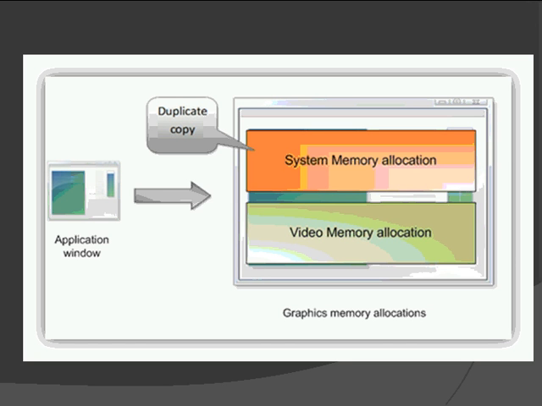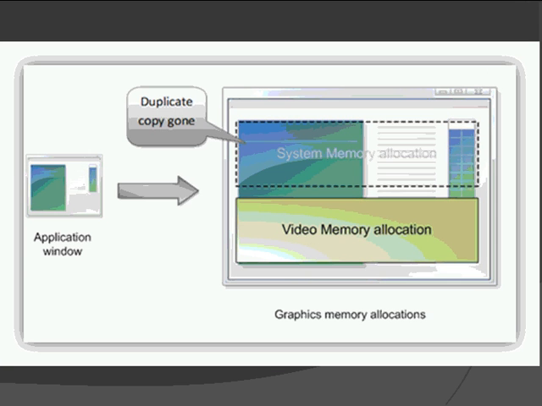But what changes in Windows 7 you'll see in the next slide. So now the duplicate copy is gone.